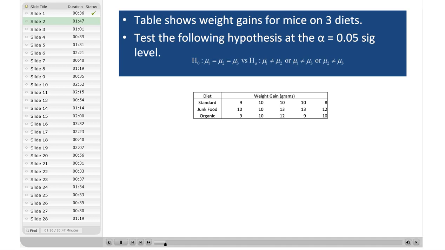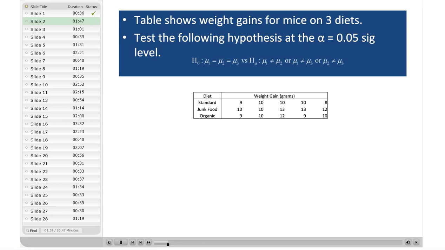They're going to all lead to the same average weight gain. Versus the alternative hypothesis that they're not all the same. And notice that saying they're not all the same is equivalent to saying there's at least one pair that are different. So it's equivalent to saying either mu1 is not equal to mu2, or mu1 is not equal to mu3, or mu2 is not equal to mu3.